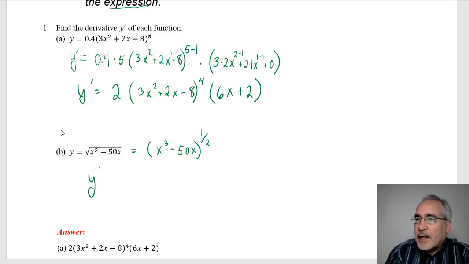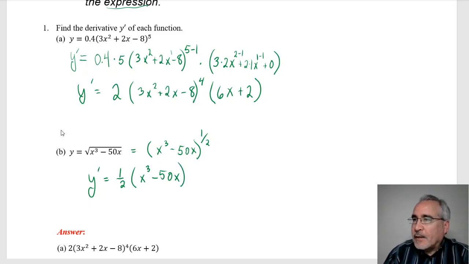So y prime, the 1/2 comes down in front, so we have 1/2 x to the third minus 50x. 1/2, I'll do that over here so we can kind of clean it. We take 1/2, we subtract 1 from it. Let's subtract it as 2 over 2, so that's a negative 1 over 2. Negative 1/2.